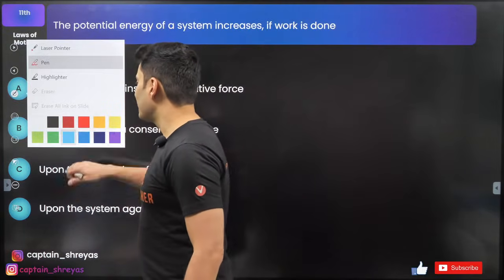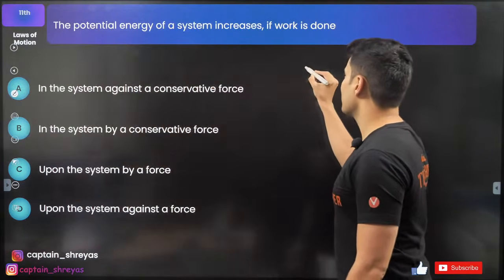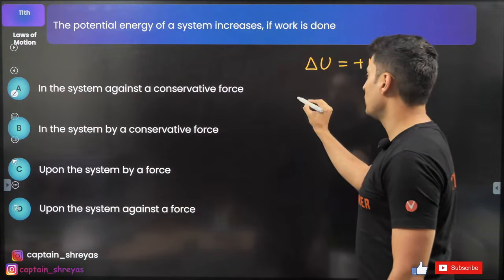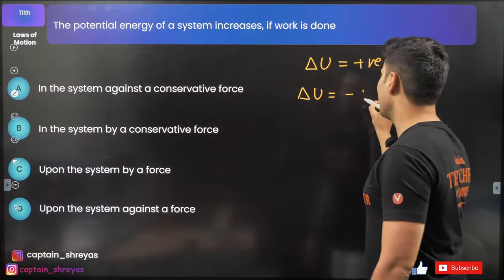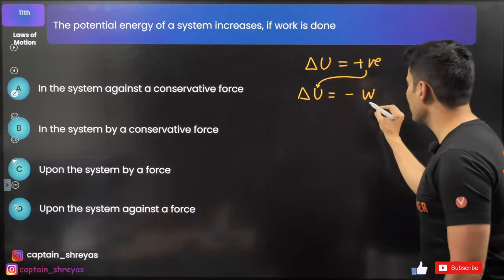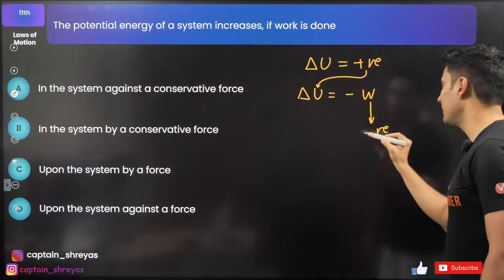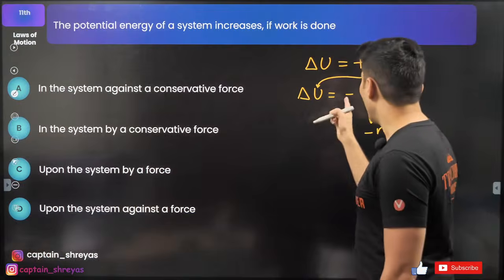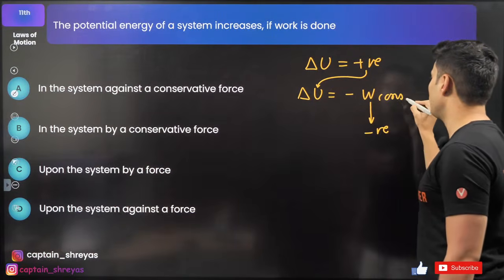So what do you think the answer will be? Potential energy of a system increases. That means delta U is positive. I just told you, delta U is the negative of the work done. So if delta U is positive, the work done should be negative, because minus into minus is plus. By the way, this is only for the conservative force.